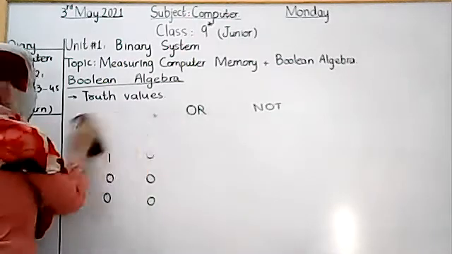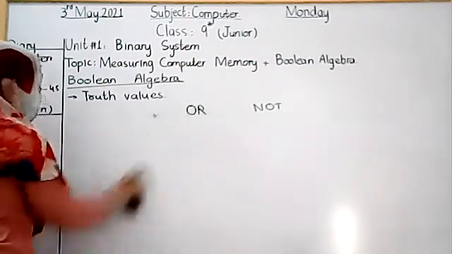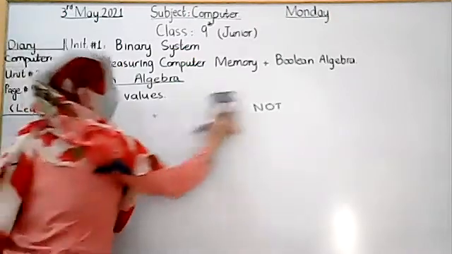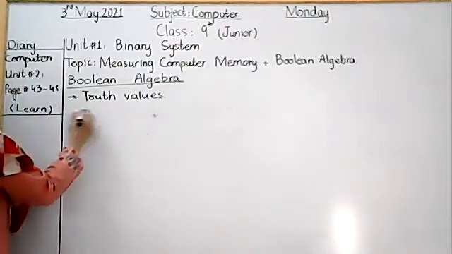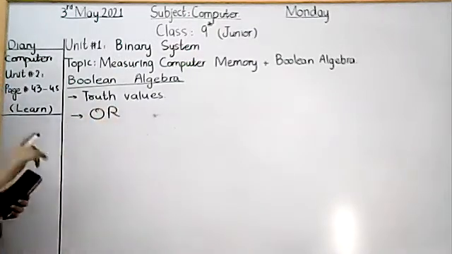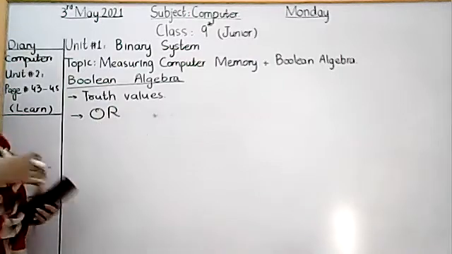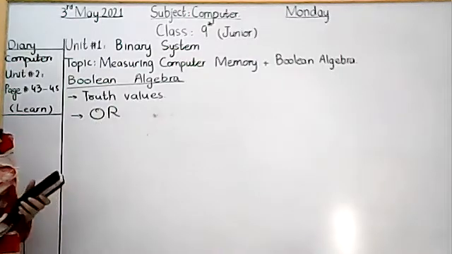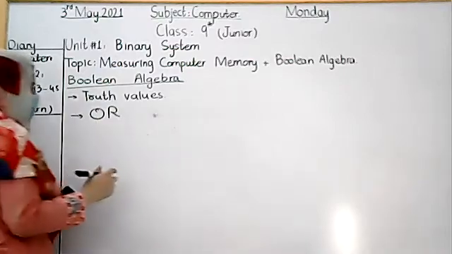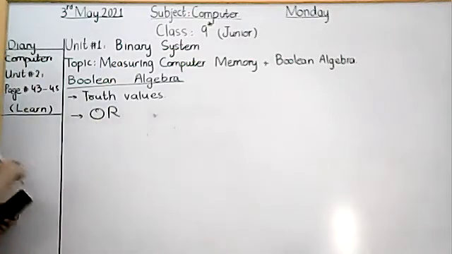Now we will go for OR. OR always gives the value 1 if one of them has the on bit, means one value. Okay, and it is always denoted with the plus symbol.